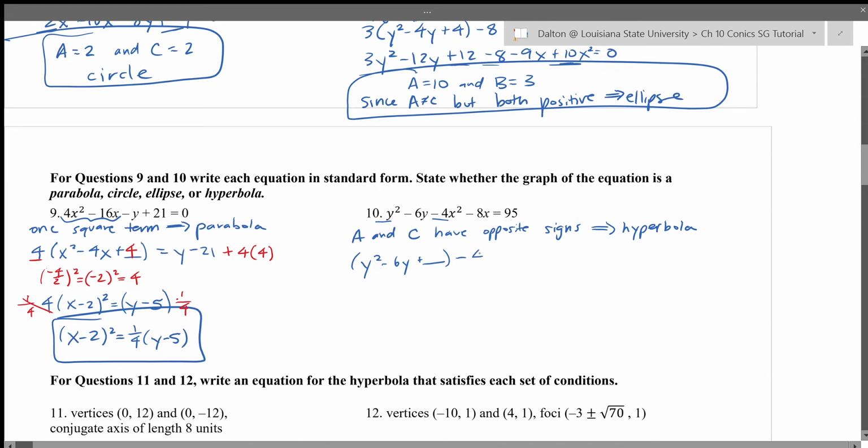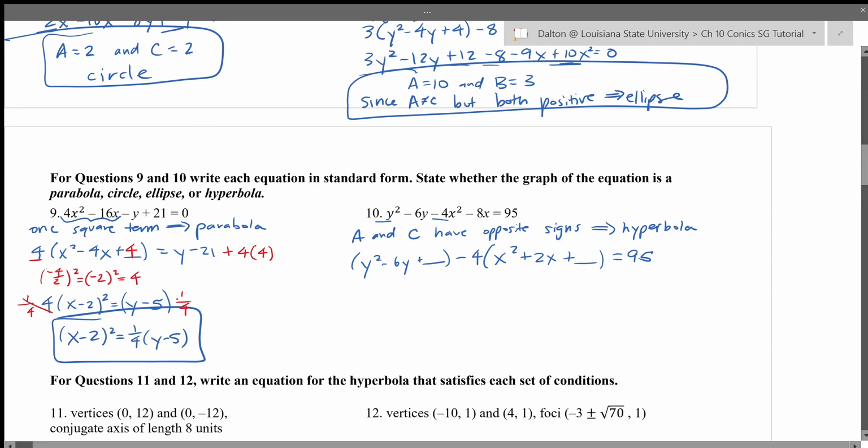I'm going to factor out a minus 4 because my x squared term needs to have a coefficient of 1. So then I'm left with x squared. When you factor out negative 4 from minus 8x, it leaves you with plus 2x. So you have to be careful to factor out that minus sign as well. Plus room for a new c equals 95.